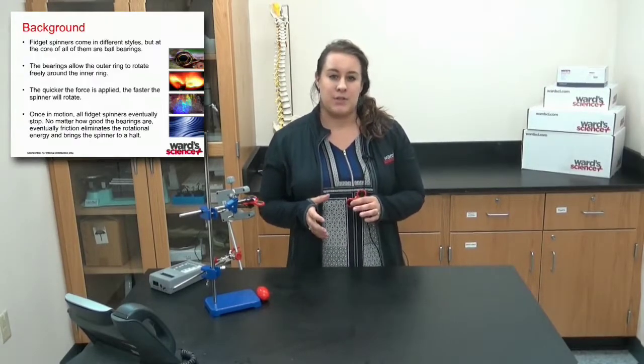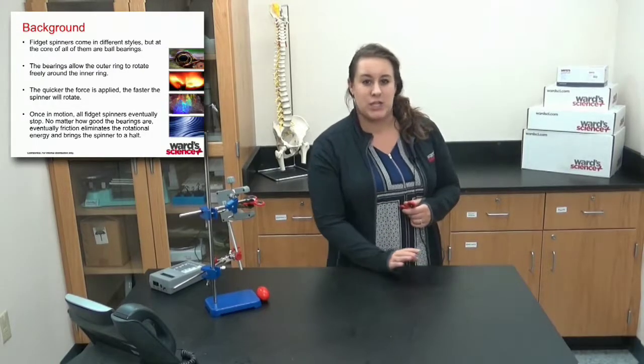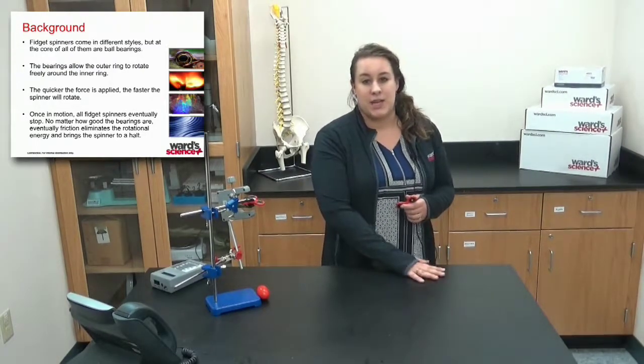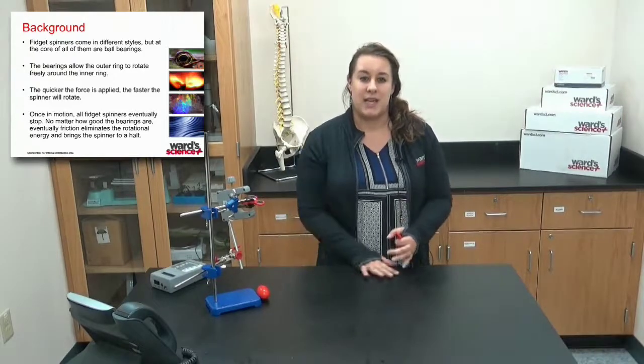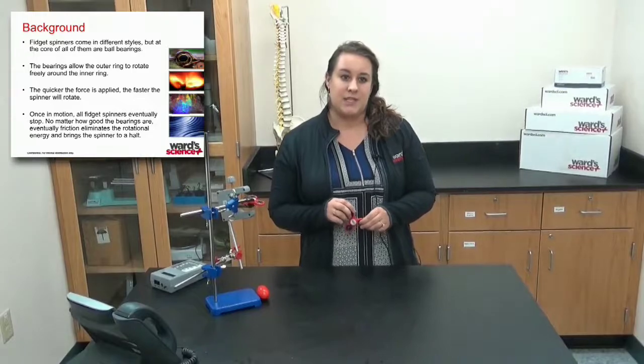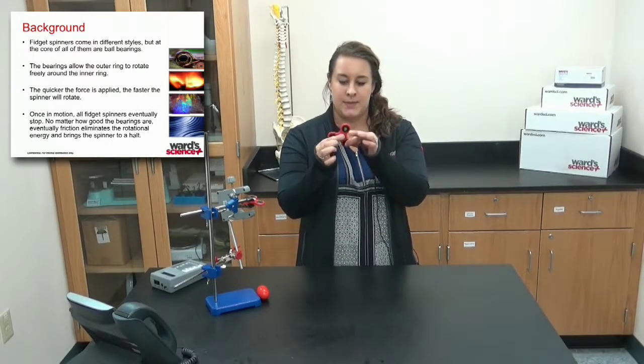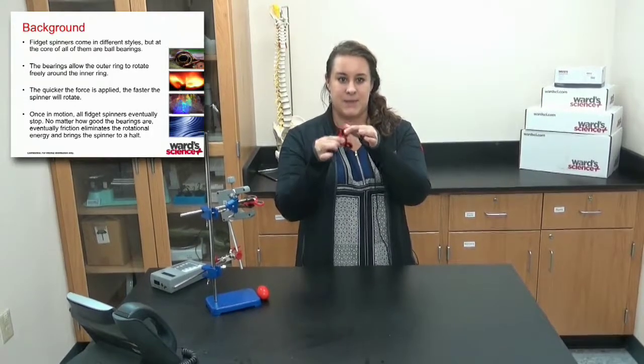Just some background in general about fidget spinners and how they operate. This background information is the same in the elementary kit as well as the high school kit, so this content is the same across both. First, fidget spinners come in different styles, but at the core of them all are ball bearings, these little black pieces.